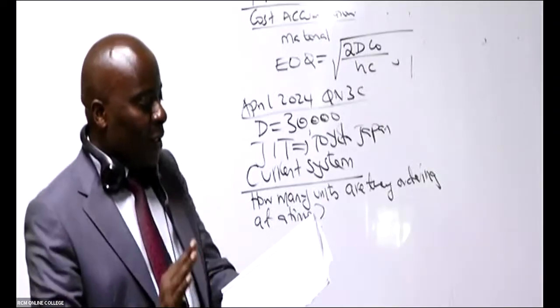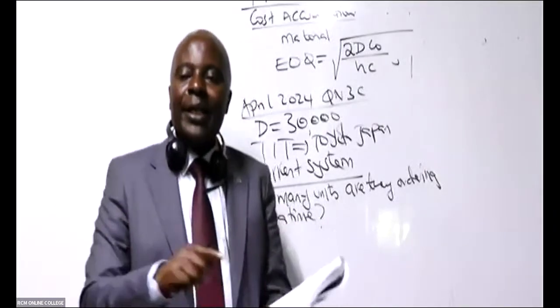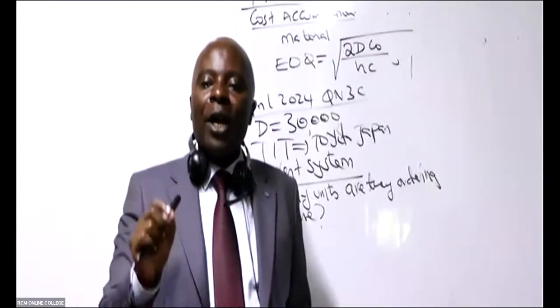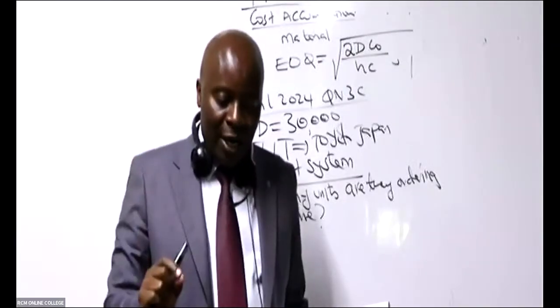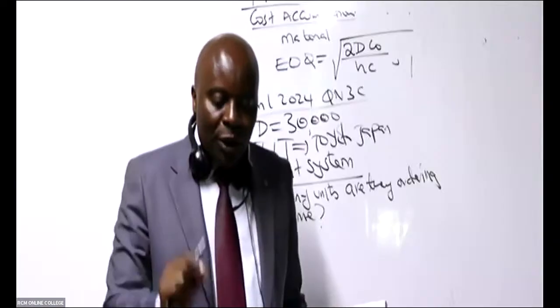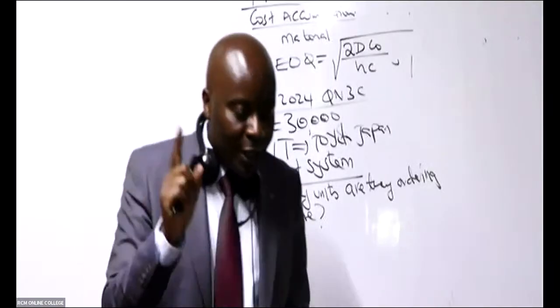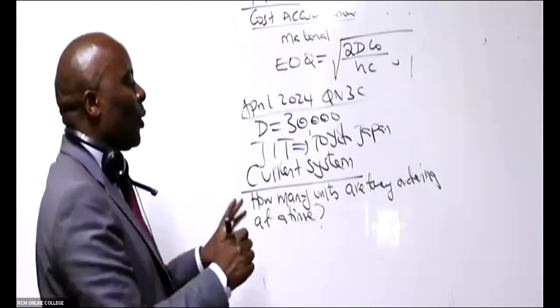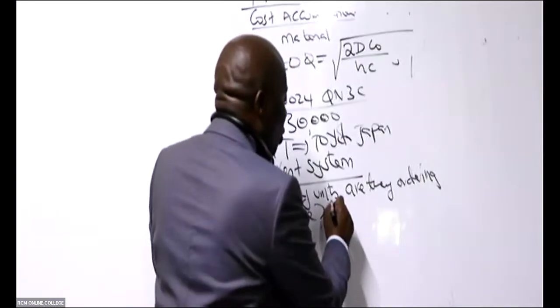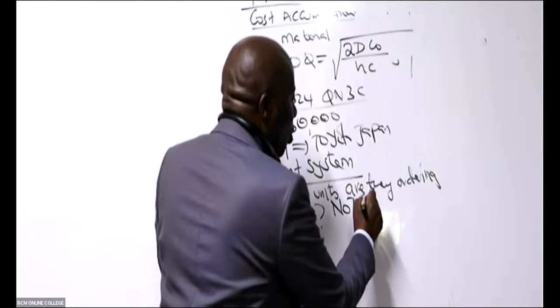How about, ladies and gentlemen, the current system? The reorder quantity has not been given. When the reorder quantity is not given, you always compute EOQ. So in this case, this is not given, and therefore we shall compute EOQ. You can just have brief notes.